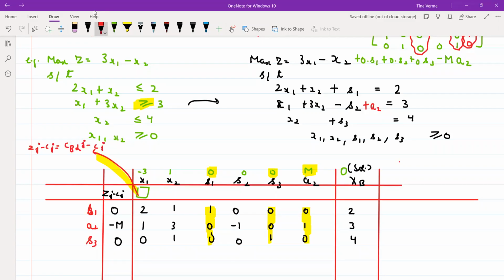So if I want to calculate Z1 minus C1, what is the cost coefficient of the basic variable? 0 minus M and 0. Alpha j means the first column entries, that is 2, 1, 0. Minus Cj means the cost coefficient of x1, how much is it? 3.